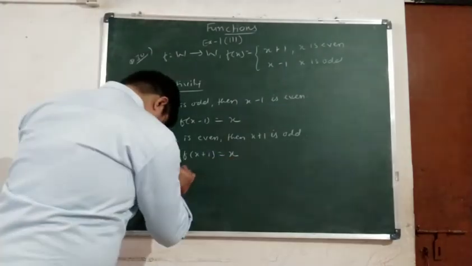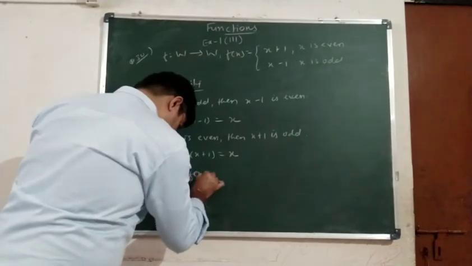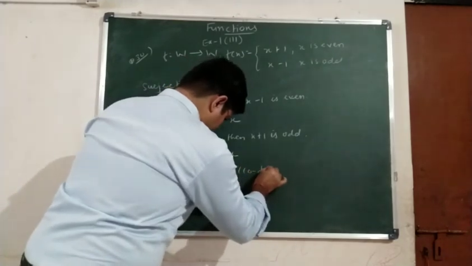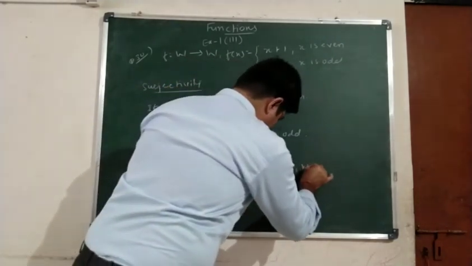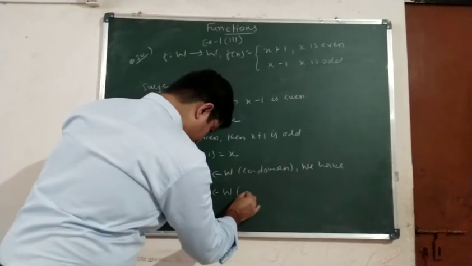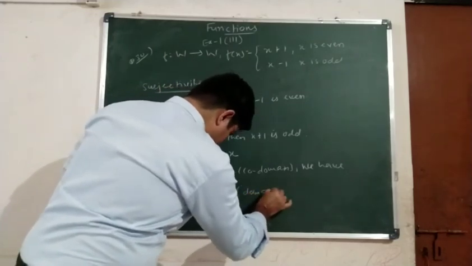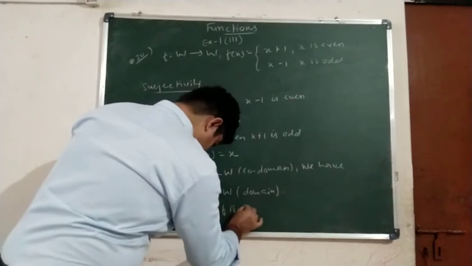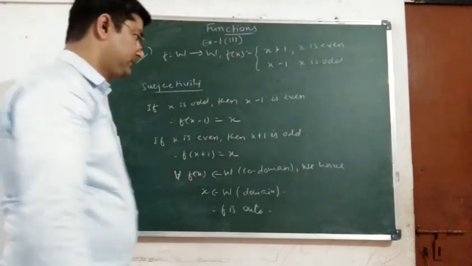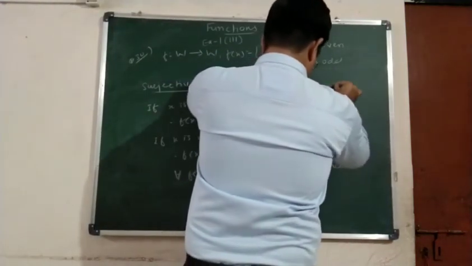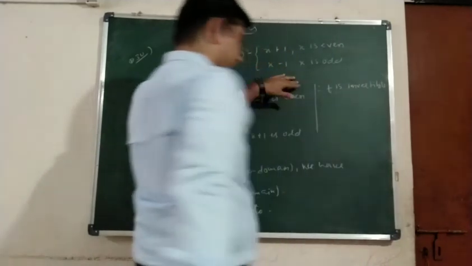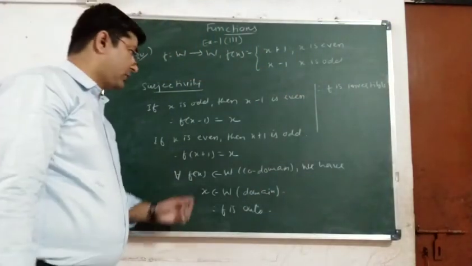Okay, and therefore for all f of x belongs to codomain, we have x belongs to set of whole numbers, that is domain, and therefore f is an onto function, and hence it is invertible. Why? Because it is both 1-1 and onto. Please note down.